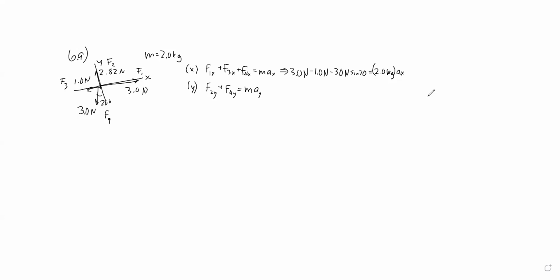And then similarly for the y direction, this will be F2y, which is plus 2.82, minus now 3.0 times cosine of 20.